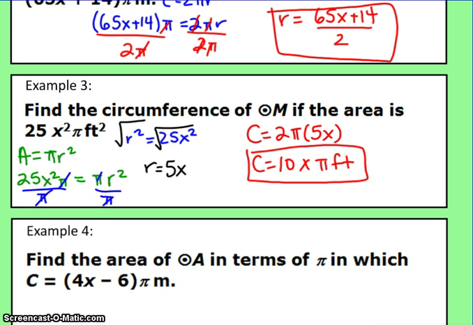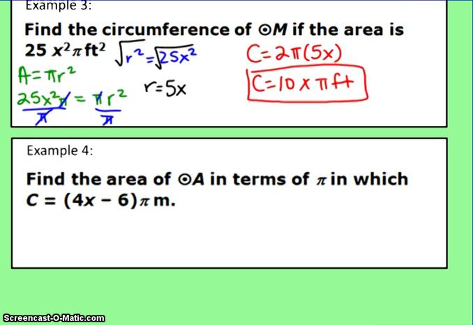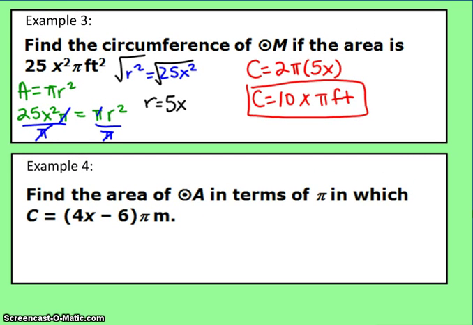Alright, so it says find the area of circle A in terms of pi when the circumference is 4x minus 6 pi. Now remember that circumference is pi times diameter. Okay? So, let's actually change this. I want to use the formula circumference equals 2 pi r, because the formula for area uses the radius, so I need to solve for the radius. So if c is 4x minus 6 pi, then I set that equal to 2 pi r.